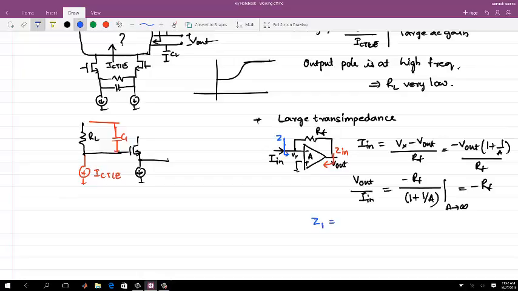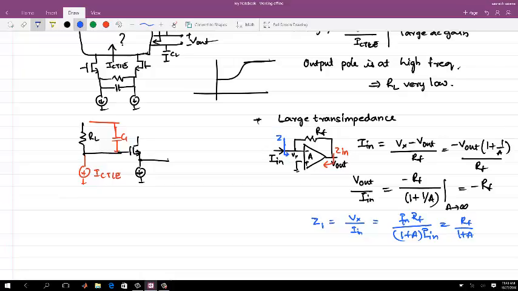Z1 is equal to Vx by Iin. I can write it in terms of that. Vx is Vout by A, Vout is minus Iin RF by 1 plus A times Iin, which is RF by 1 plus A. Let's forget the sign right now. So this will tend to 0 if A tends to infinity.